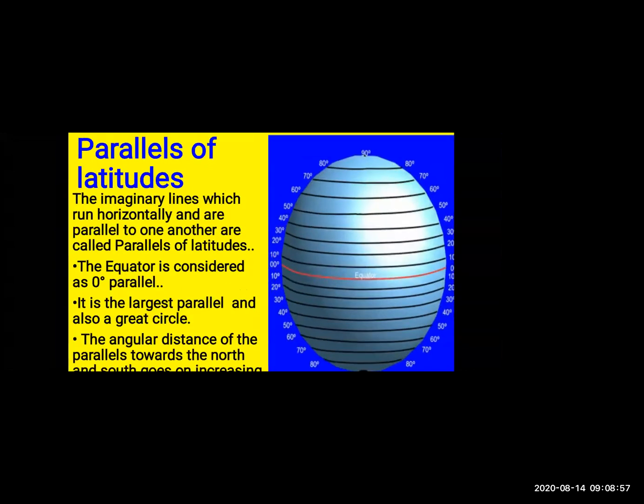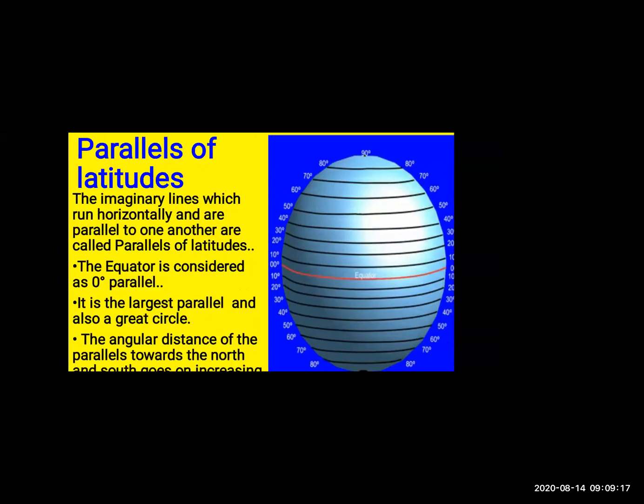Here in this figure, the equator is shown at 0 degree with a red colored line. You can see here. It is the largest parallel and also a great circle. That means the length of the equator is the largest.